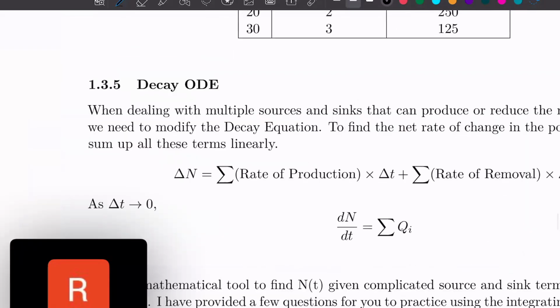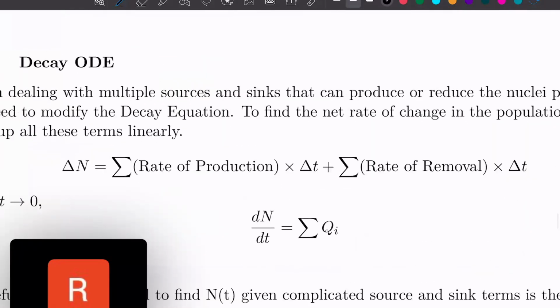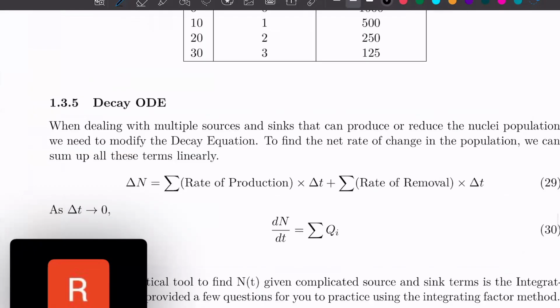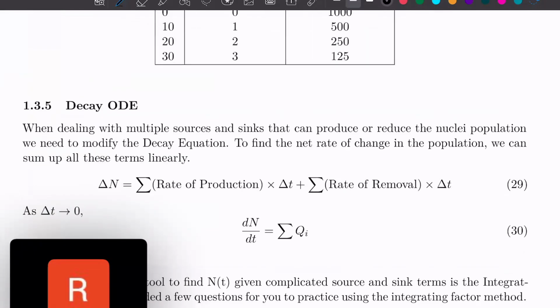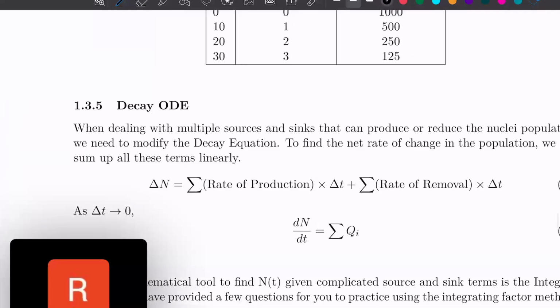I think this one is more important to SPhO, which is basically forming your ODEs. I can't remember the exact year, but there was an SPhO question which I would say was a hard nuclear question, because nuclear questions don't really get that hard.